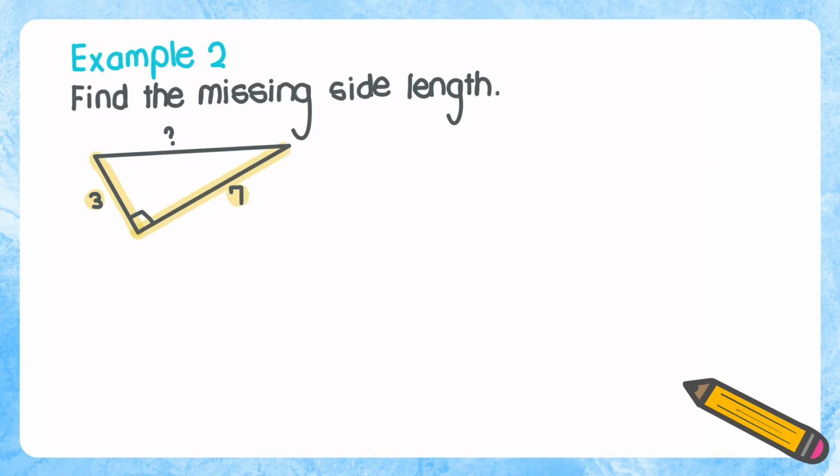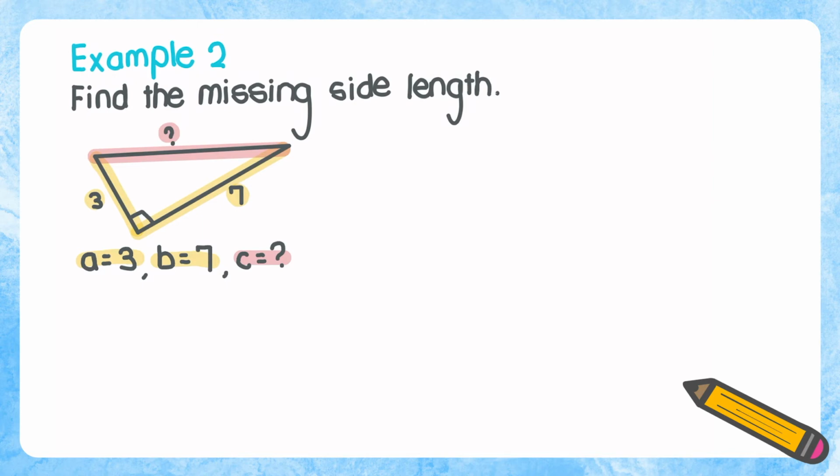So the two legs, we have A equals 3 and B equals 7. These are the lengths of the two legs. And we're missing the length of C, the hypotenuse. Again, the hypotenuse is the one right across the right angle.